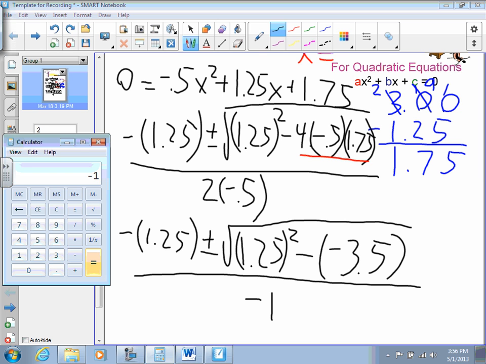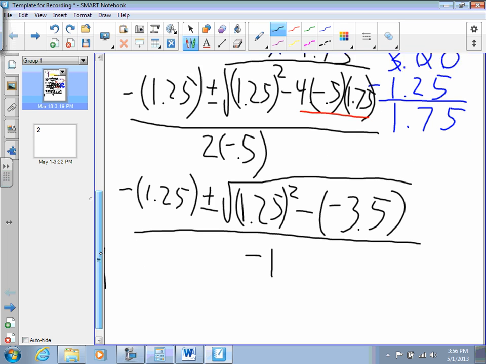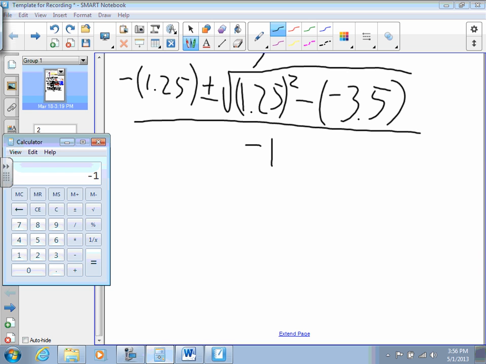Okay, so let's simplify it yet farther. So let's see, we need to do some squaring and then some subtraction. So when we take this 1.25 and we square it, we multiply it by itself, times 1.25, that equals 1.5625.